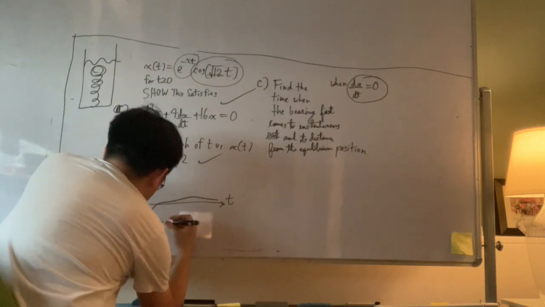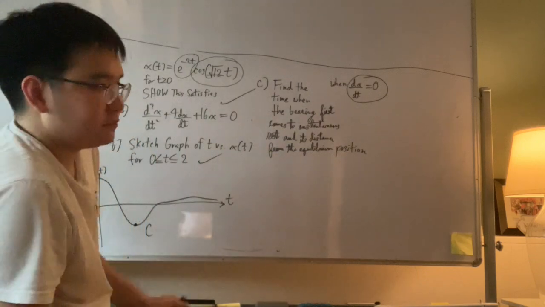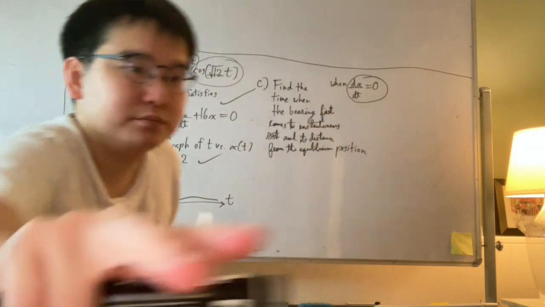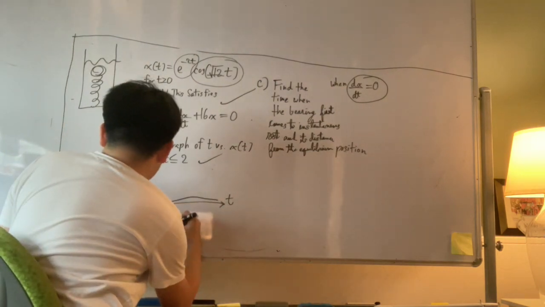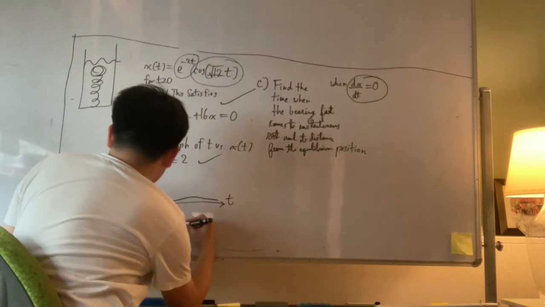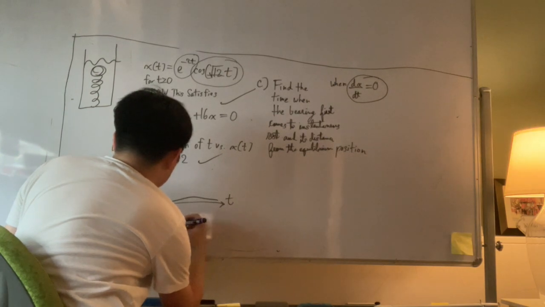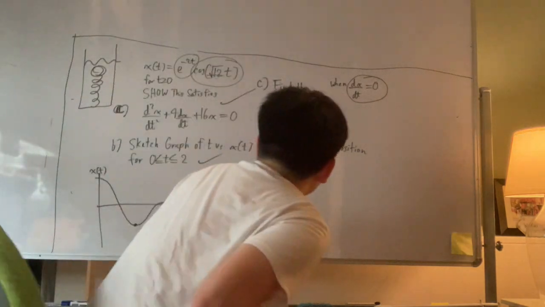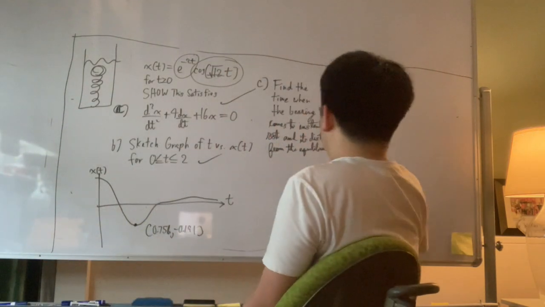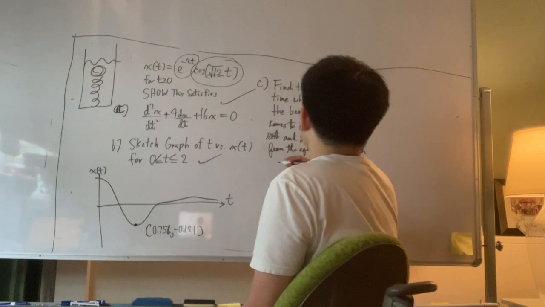So then this here, (0.756, negative 0.191). Okay, so they want the time. The time is basically the x-coordinate here.